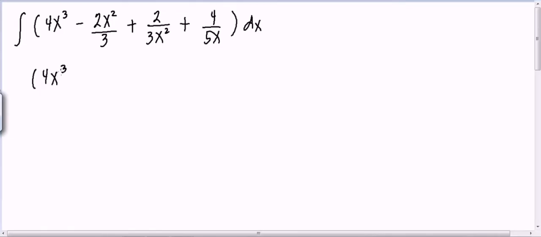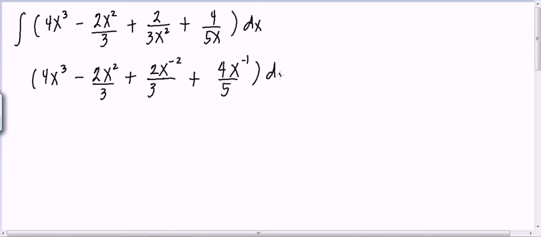So, 4x cubed minus 2x squared over 3, copy lang yung mga walang problema, plus 2 thirds, so iakyat ko na si x squared, magiging x raised to negative 2 na siya. Okay, plus, so this one would be 4x raised to negative 1 over may iwan dun si 5 sa ilalim, dx.